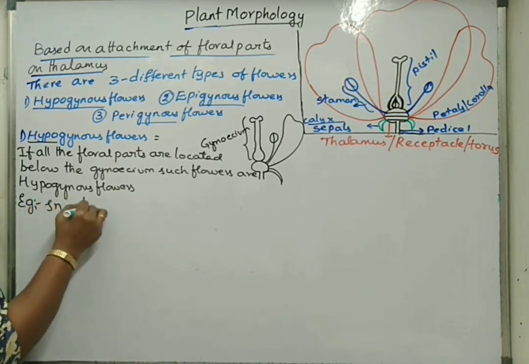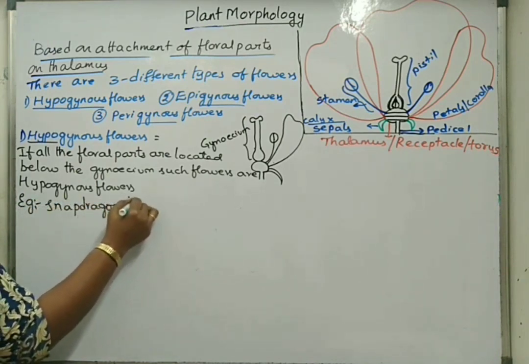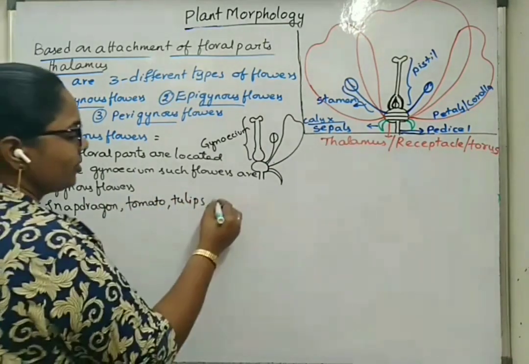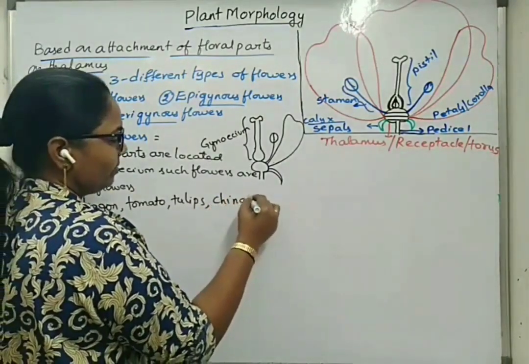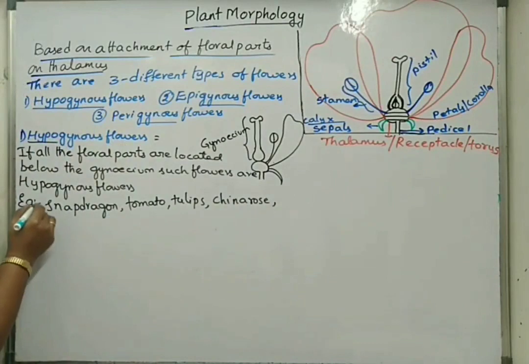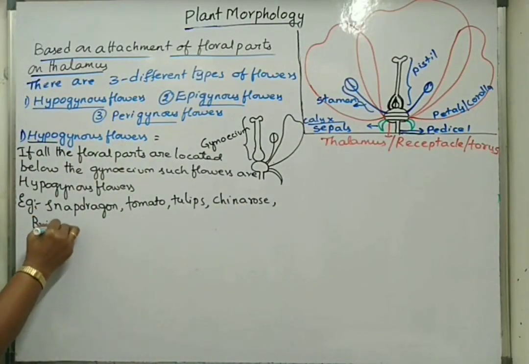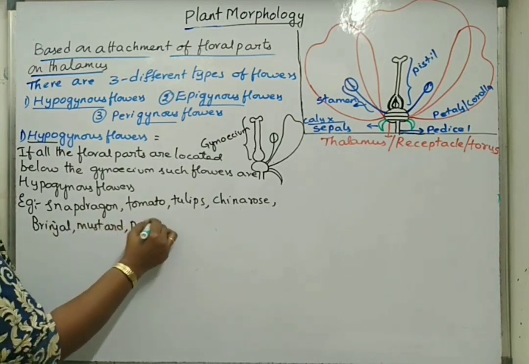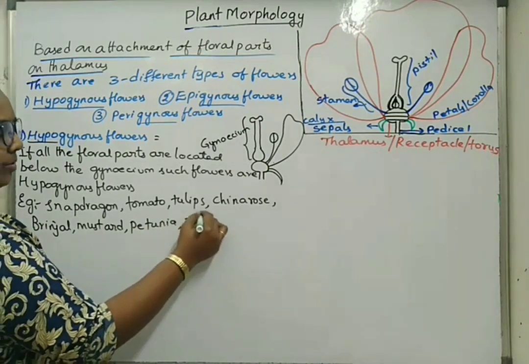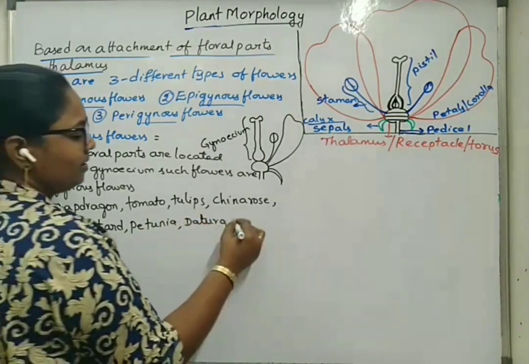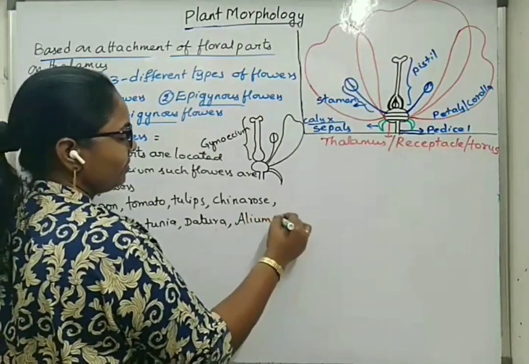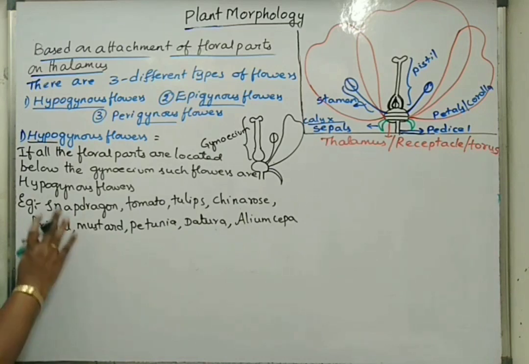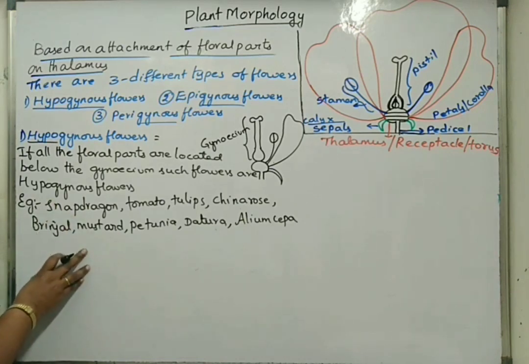Snapdragon, tomato, tulips, China rose, brinjal, mustard, petunia, datura, Allium cepa, that is onion. So here in case of hypogynous flowers, all examples are very much important.